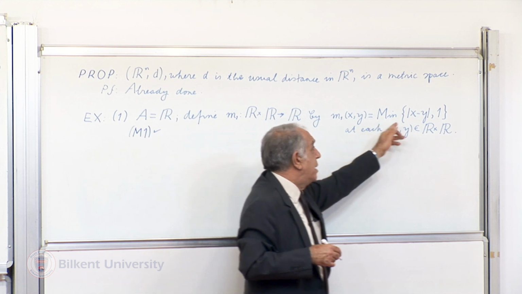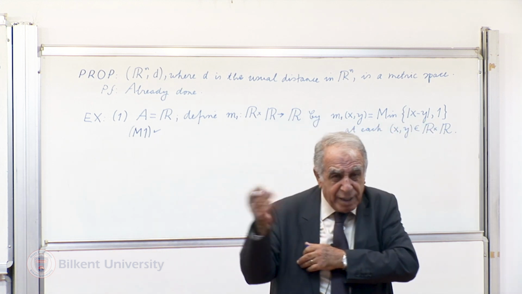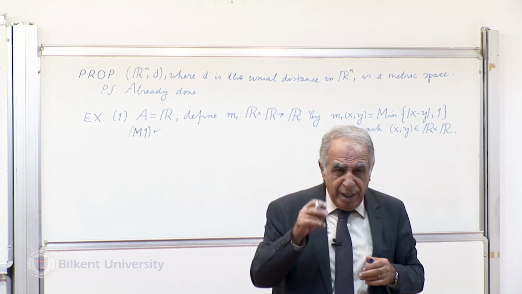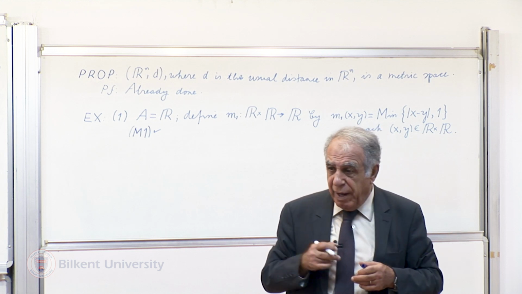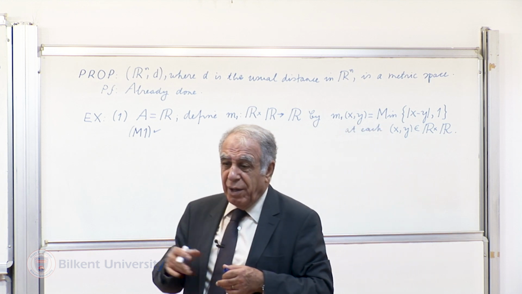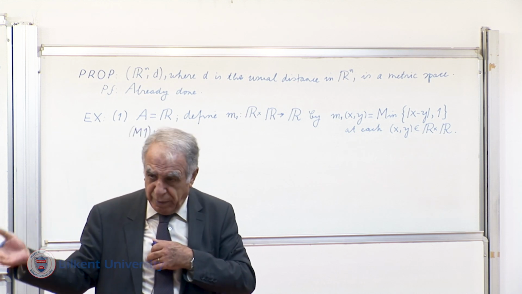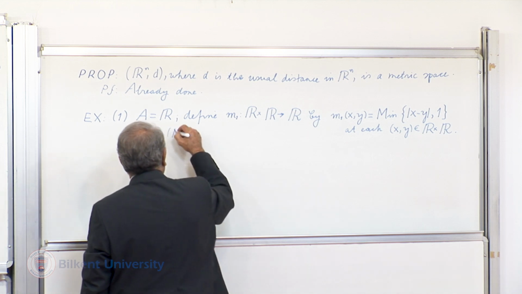Well, that means that this minimum is 0. But since 1 is not equal to 0, the minimum then must be the absolute value of x minus y. But if the absolute value of x minus y is 0, so also is x minus y, which means that x is equal to y. So M2, that's also satisfied.